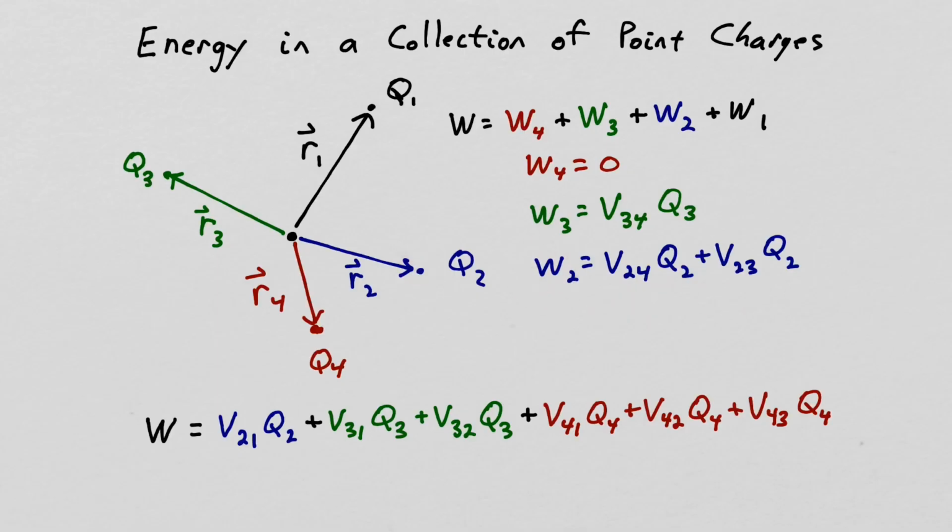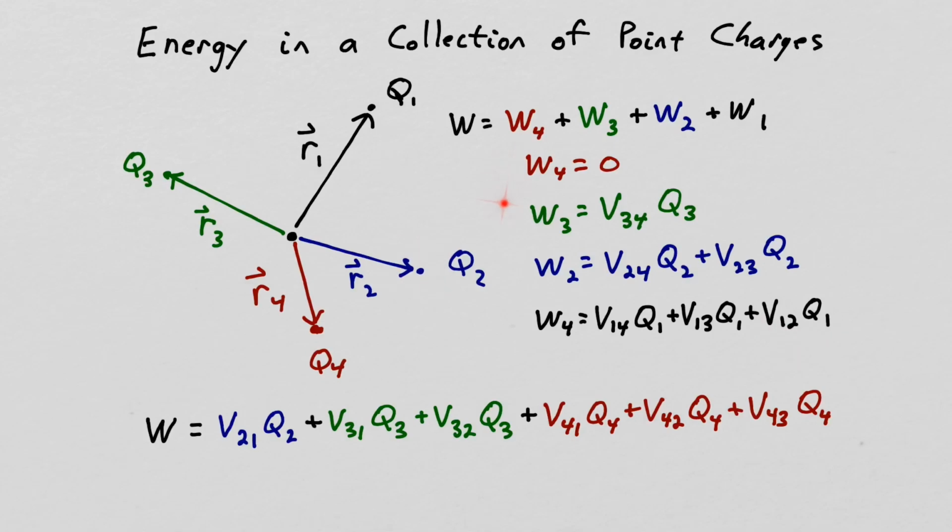The work to position Q1 is the work to position Q1 if only Q4 were present, plus the work to position Q1 if only Q3 were present, plus the work to position Q1 if only Q2 were present. The sum of these 4 works is the energy stored in this configuration of 4 charges.